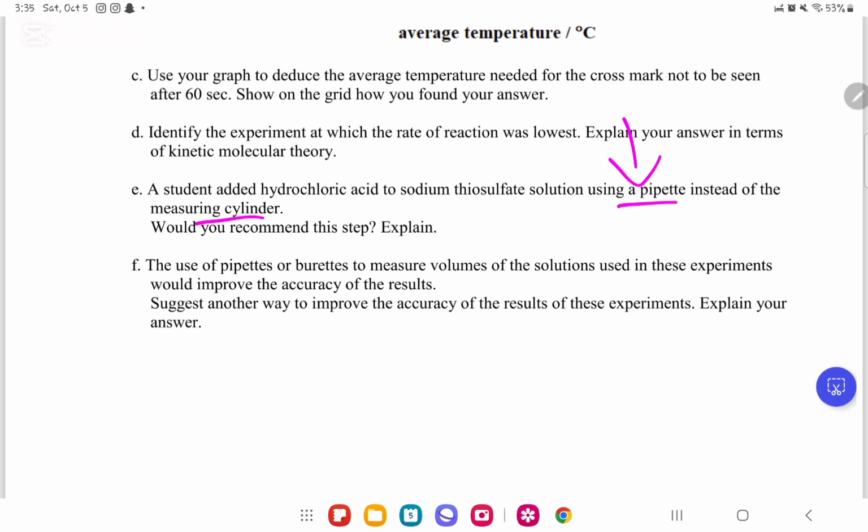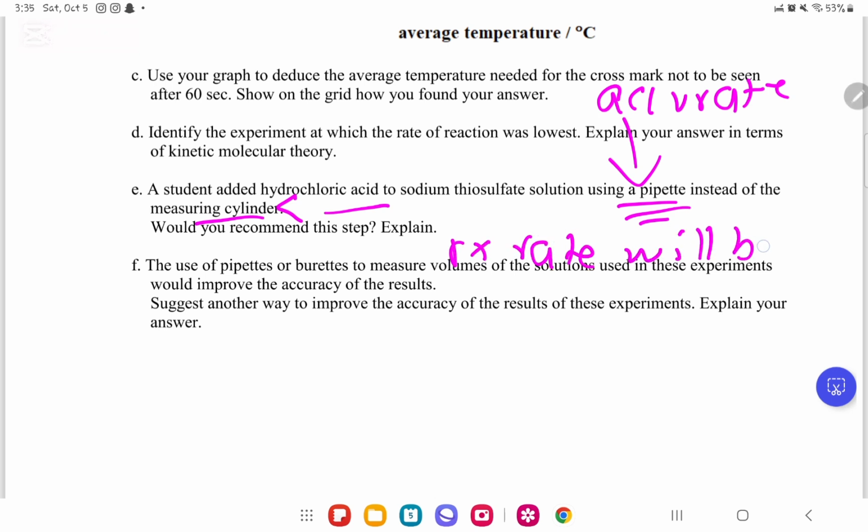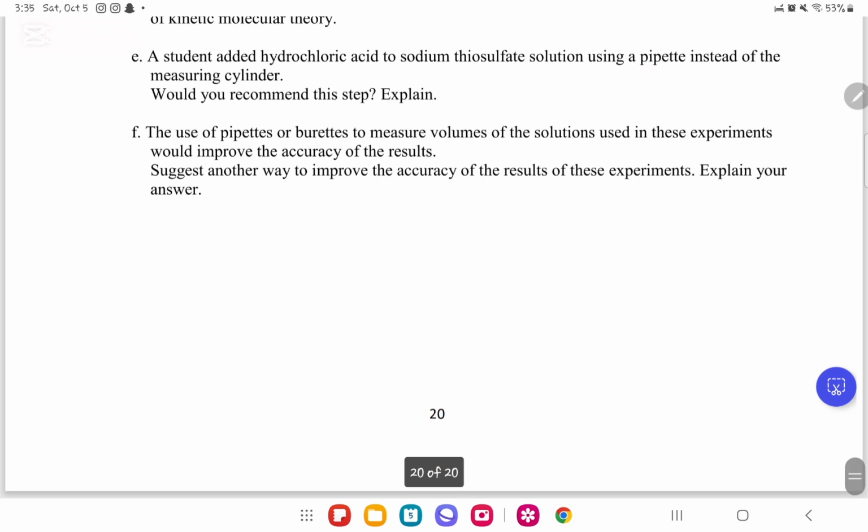Even though the pipette is more accurate, the measuring cylinder, you can put them all in one go, whereas the pipette will take a longer time to put the hydrochloric acid. So then the reaction rate will be slower because he's putting it one drop at a time, whereas in the measuring cylinder he can put it directly all in one go. So that's for E.